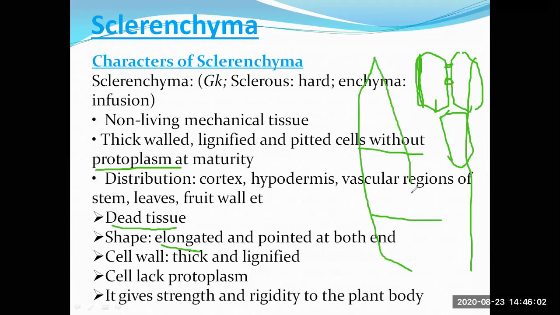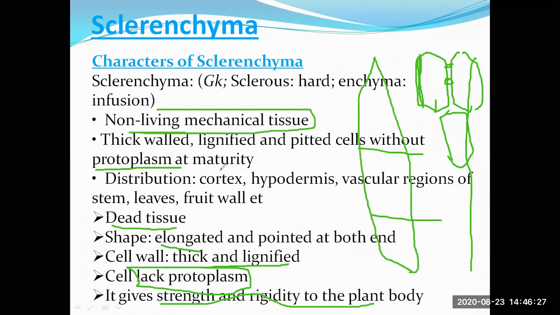Thick, lignified cell wall and a lack of protoplasm give strength and rigidity to the plant body, because it is also a mechanical tissue, which gives strength as well as rigidity to the plant parts.